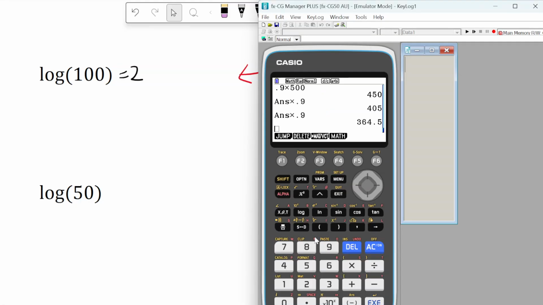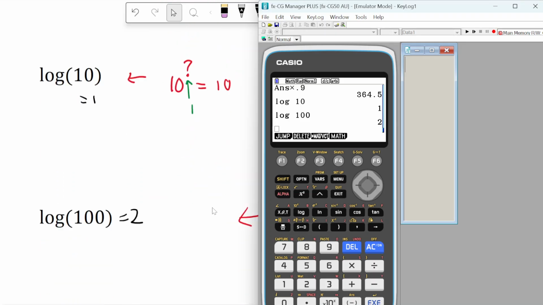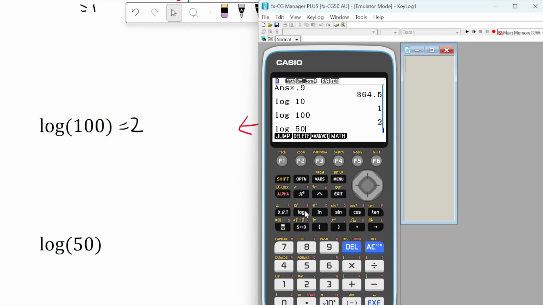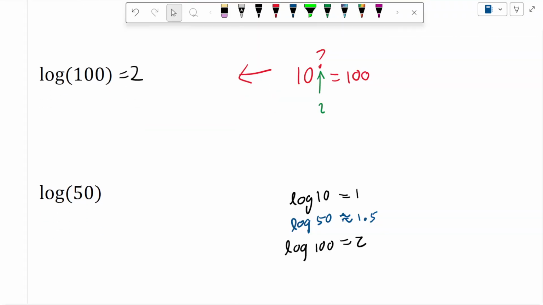We can't work out log of 50 in our head, but what we can do is use the log button on our calculator. It lives just above the S to D button here. So we can check our first answers. Log of 10 was 1 and log of 100 was 2. And if we look at log of 50, you get 1.698 or maybe about 1.70. So our guess of 1.5 was not too bad.